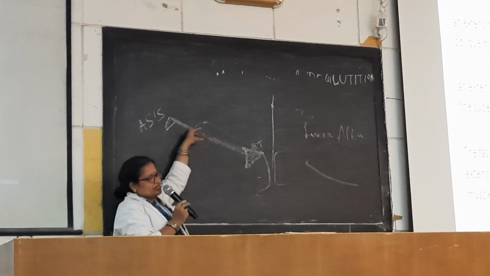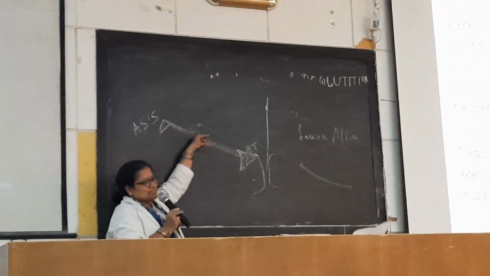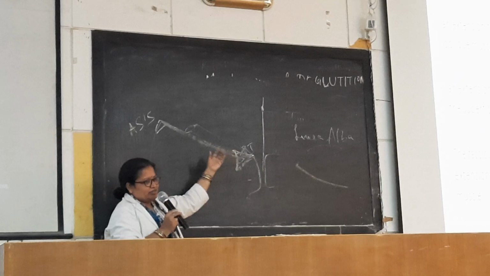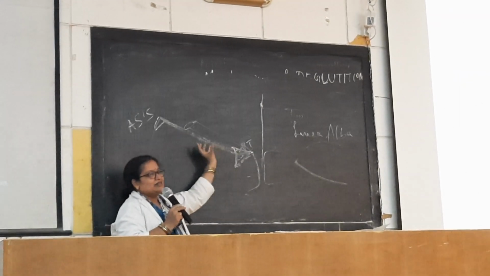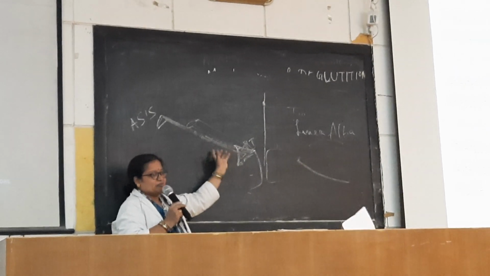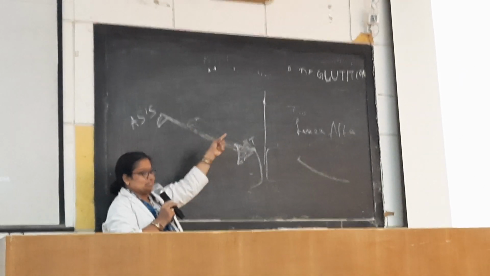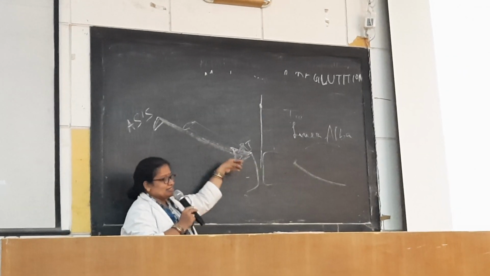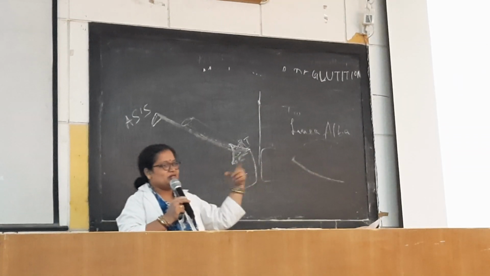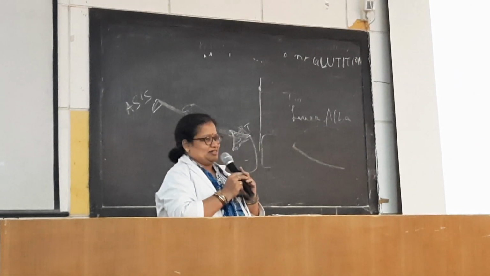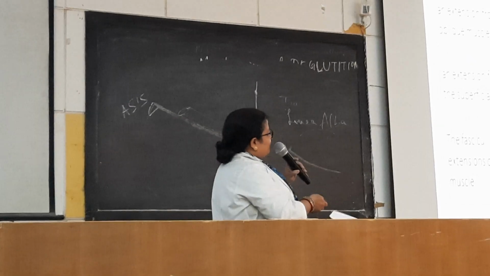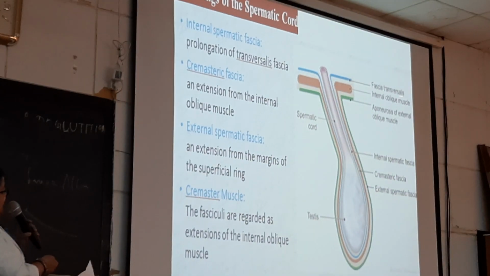It enters through the deep inguinal ring and takes a covering with it, that is the internal spermatic fascia, derived from the fascia transversalis. Then it is covered by the internal oblique muscle, that is the cremasteric muscle, derived from the internal oblique.